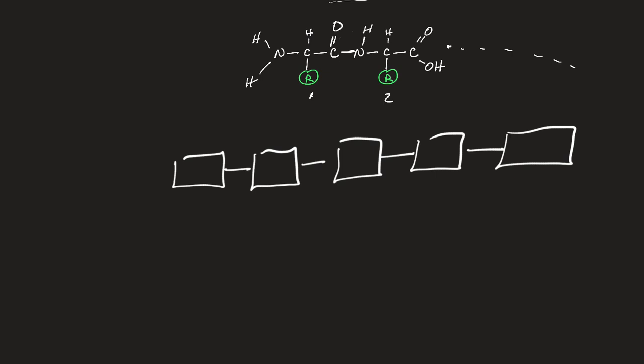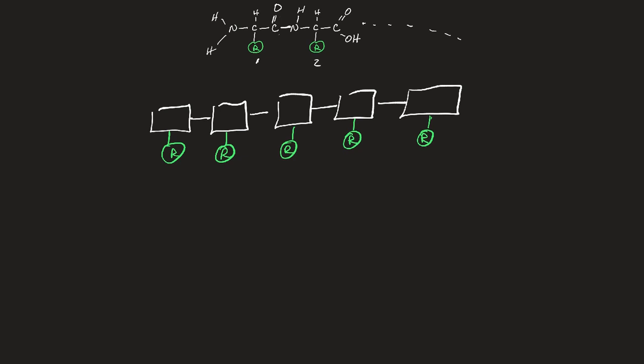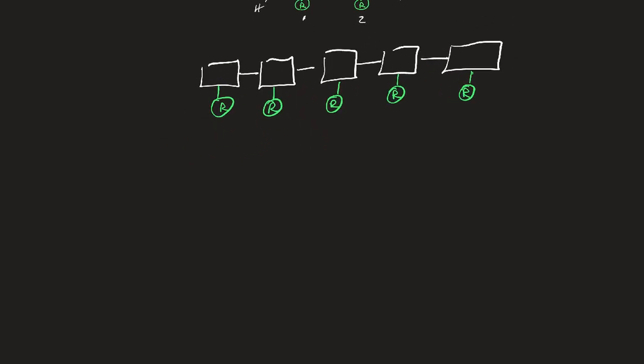And then sticking down, you have an R group with different properties. As you were asked to study, different R groups have different properties. So R group 1 might be nonpolar, R group 2 might be polar. When you're talking about protein folding, that's probably the easiest to visualize. So you've got all these R groups sticking out.